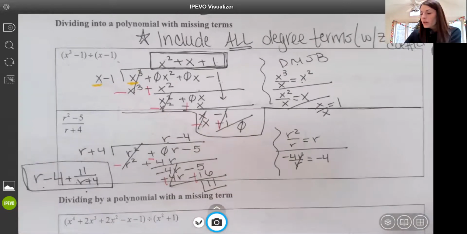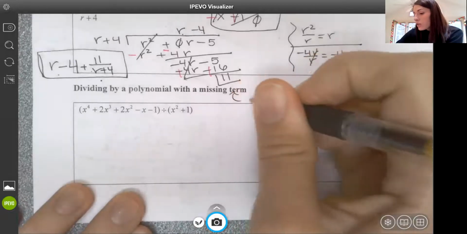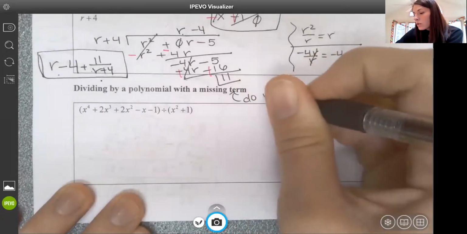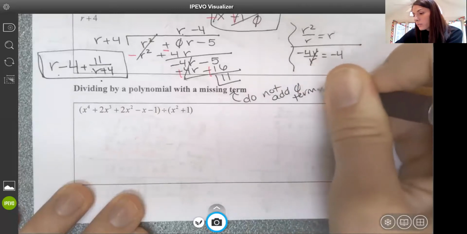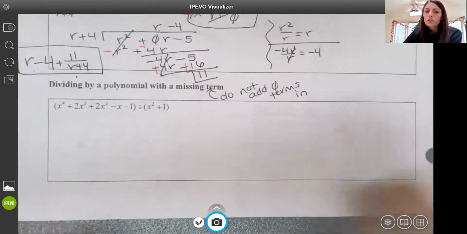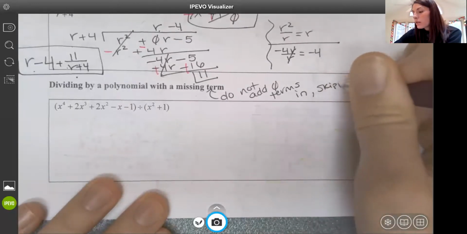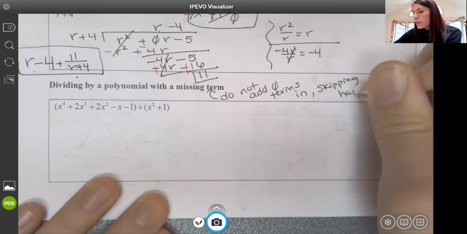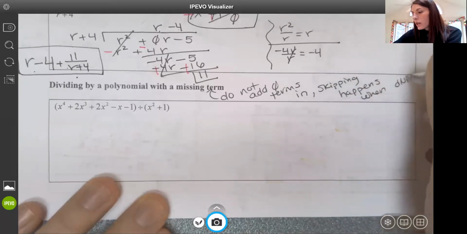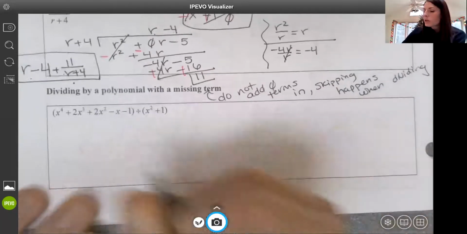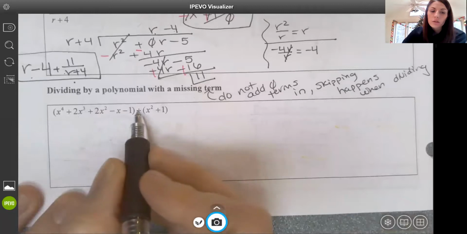Now, when we're dividing by something that has missing terms, I do not add the 0 terms in. But we do want to look at what happens there. I have all my terms here, 4, 3, 2, 1, that's fine.